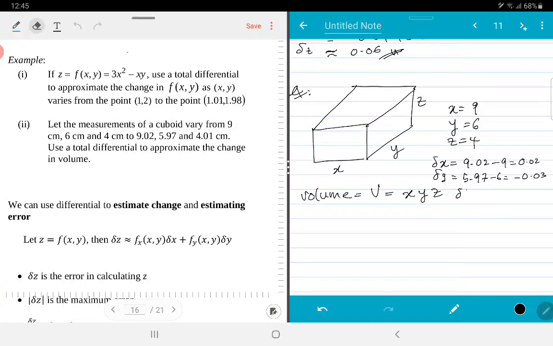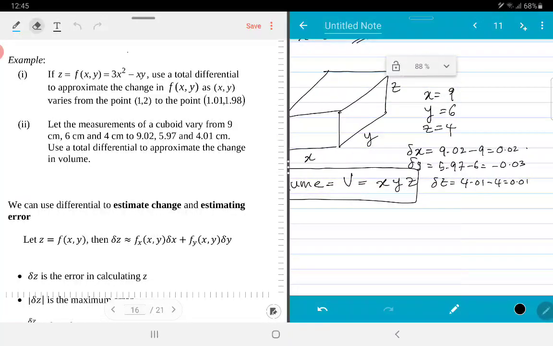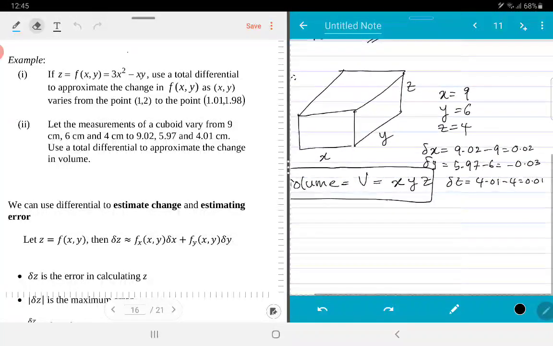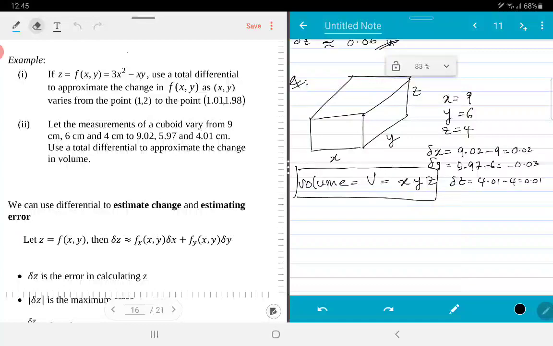And delta z increases by 0.01. This is our function, volume. These are the changes in x, y, and z, and we want to know the approximate change in the volume.